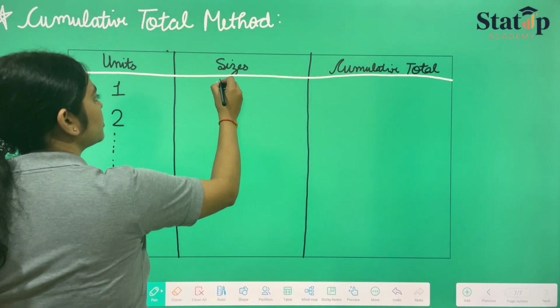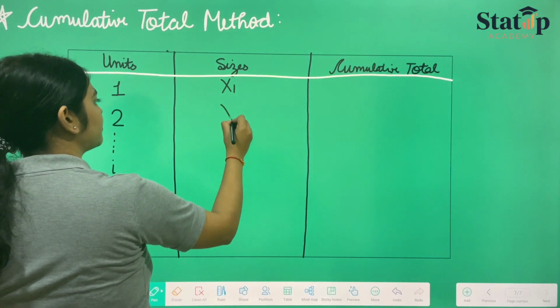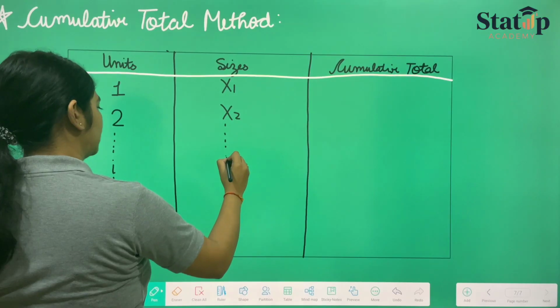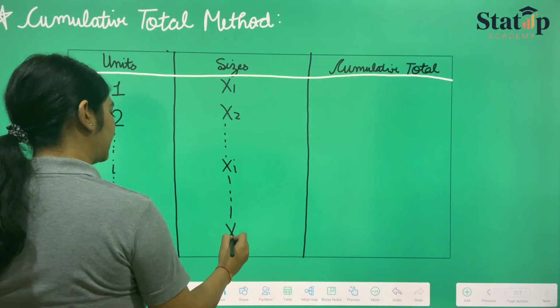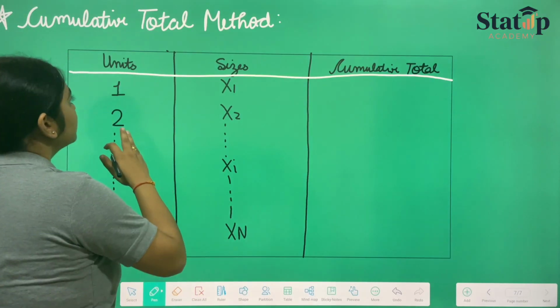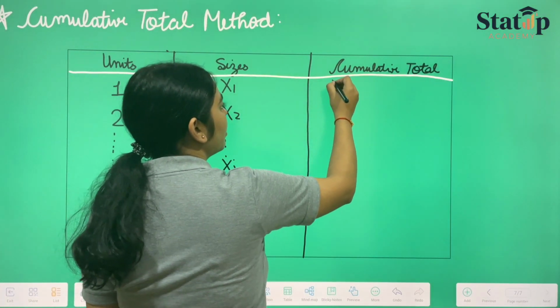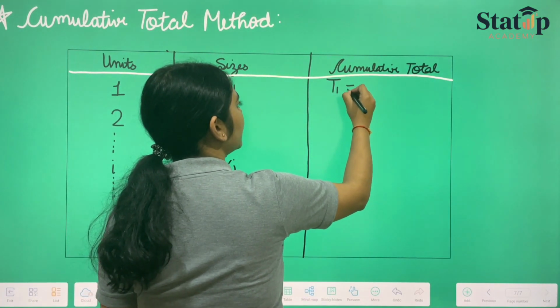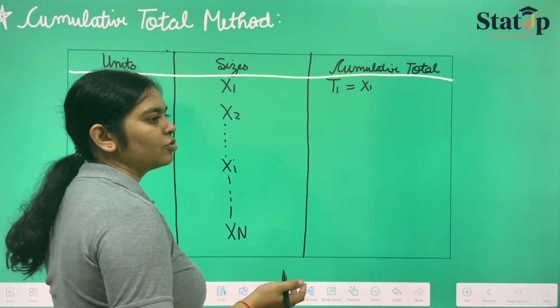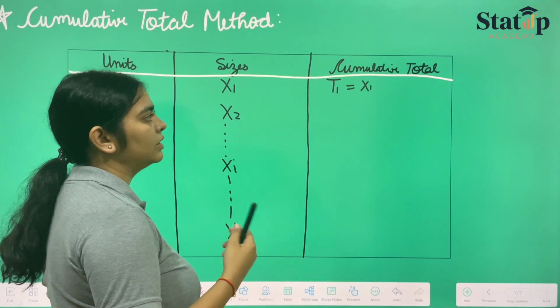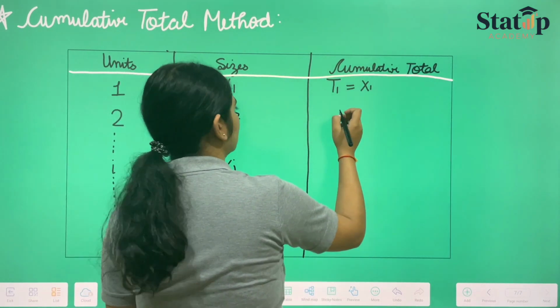So size of first unit is x1, size of second unit is x2, size of ith unit is xi, and size of nth unit is xn. So cumulative total: the first one would be x1 only. This is the cumulative frequency total that we used to do in our frequency table. Exactly the same we'll be doing for sizes.